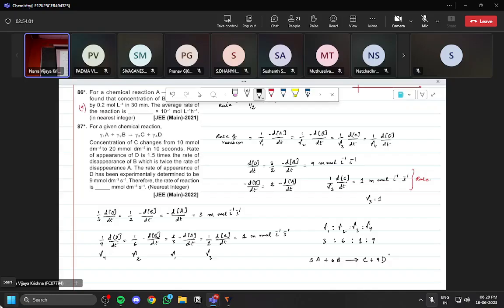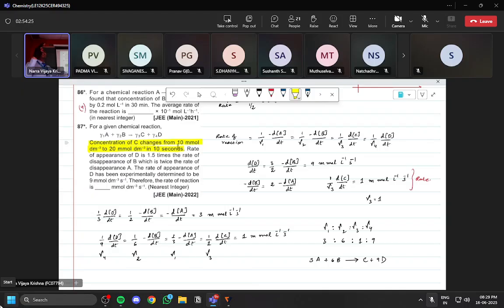In the first statement itself, they told about rate of reaction. Change in concentration of C is 10 to 20, means 10. Change in time is given as 10, means rate of reaction is already over. Here itself rate of reaction is over. Then who cares about the remaining?